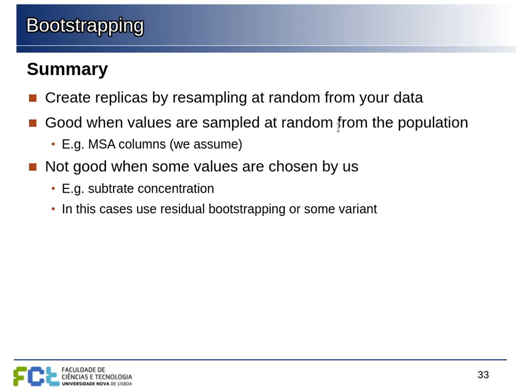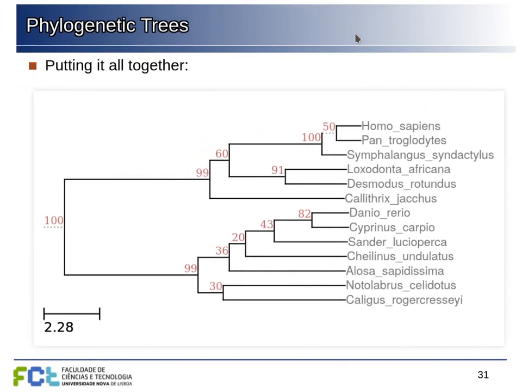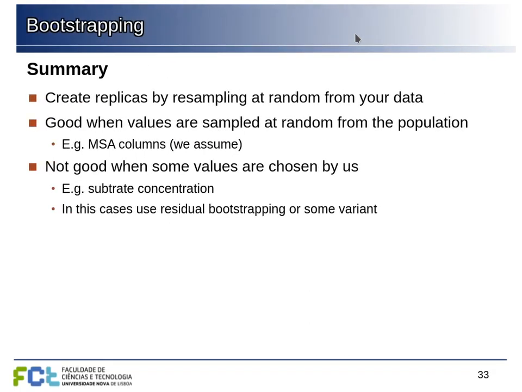We are resampling some aspect of our data in order to create replicas and then compute statistics from those. So for this week, the main exercise will be computing these trees with support, and you can review this step by step and see how it works by actually implementing the code.